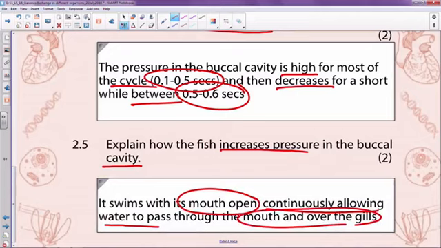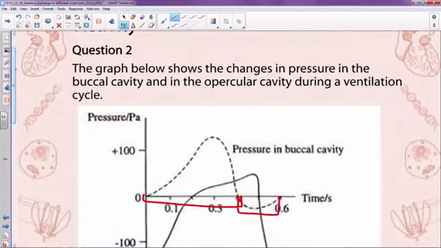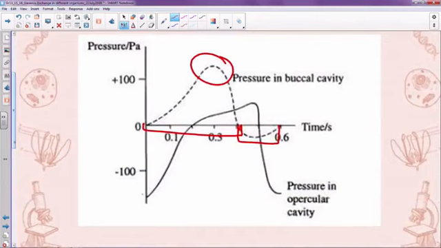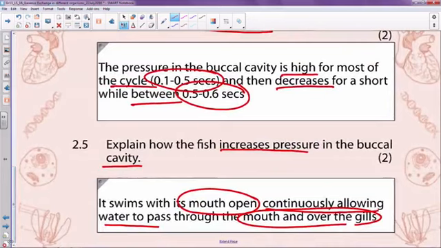And as it closes the mouth, it builds up pressure, and that pressure creates a diffusion gradient between the water in the mouth and the water in the opercular cavity. This diffusion gradient allows for the effective exchange of gases between the blood in the mouth and the blood in the gills over the operculum.